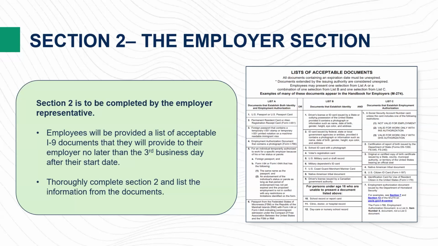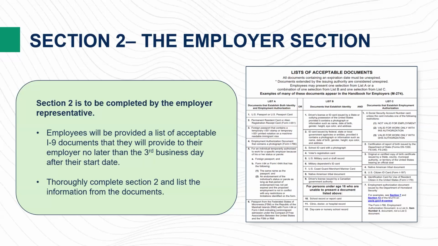You can remind them, however, that they will need either one from list A or one from B and one from C. And so that's one of the biggest issues that I've run into is someone will inevitably bring me 2 IDs from list C, which typically Social Security and birth certificate. This is not allowed. It has to be one from A or one from B and one from C.